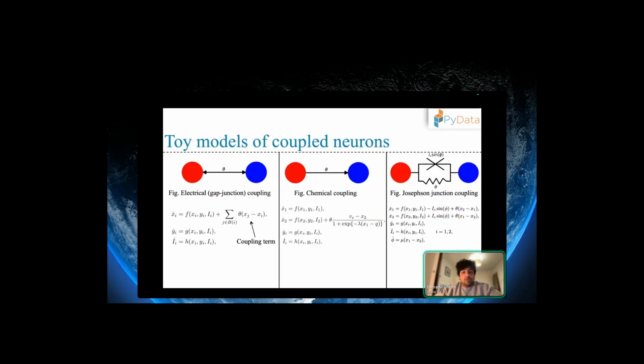Now you can build toy models, and building an electrical coupling is very straightforward, I would say. Here, i is the neuron number. For this case, we have two neurons, so i will run from 1 to 2. This is the left neuron, the presynaptic neuron, and that's the right neuron, sorry, the postsynaptic neuron.